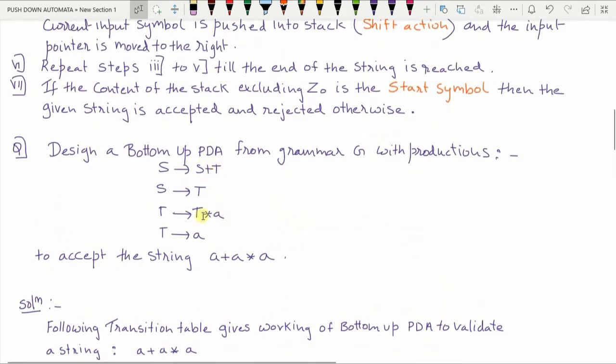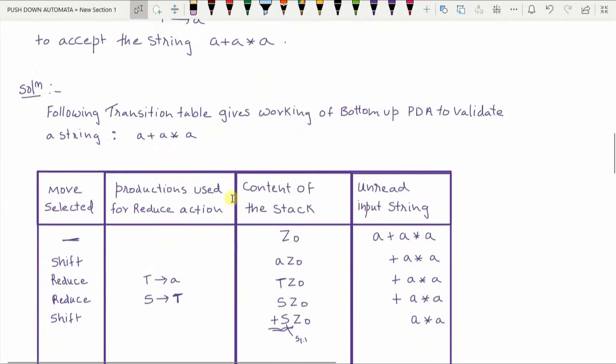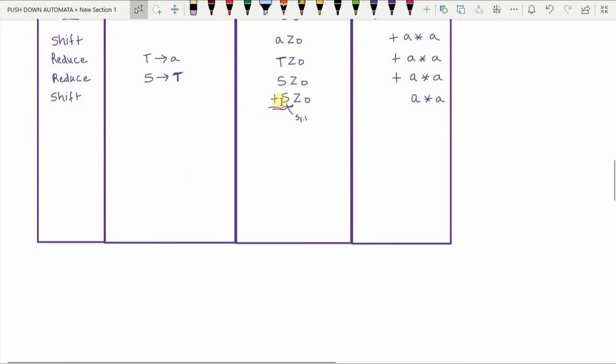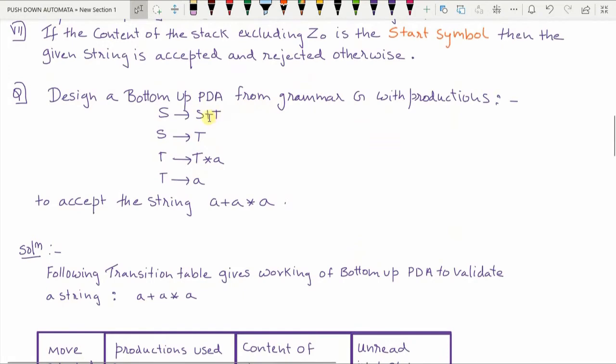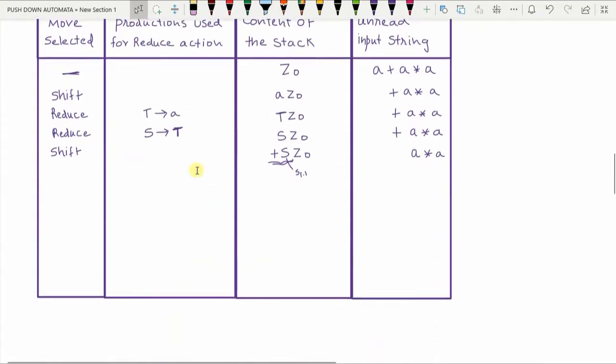Is S plus the right hand side of any production? Over here it is S plus T, but what is there on the stack is S plus only. S plus T is there, but S plus is not there. So since it is not the right hand side of any of the productions, the reduce action is not possible here.